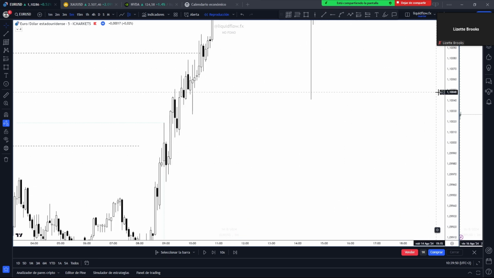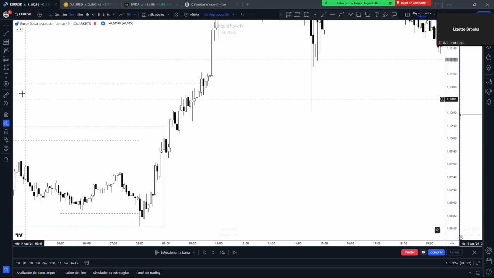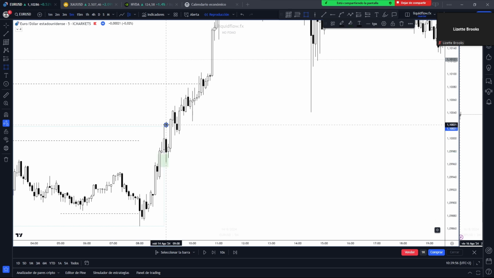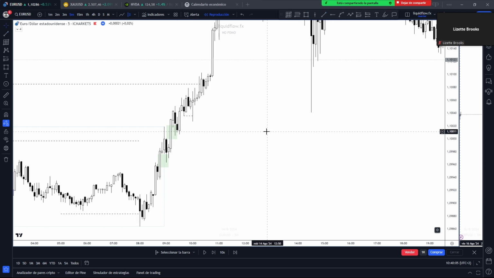So the only moments I have here to enter, okay, you could enter like continuation here or here. But for me, in this case, you need to choose what kind of model you want to go over. In this case, I use just the Sun model to enter. So I will see here, sweep of liquidity, I have that stop hunt.